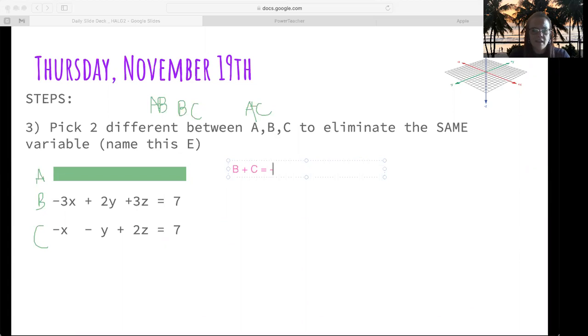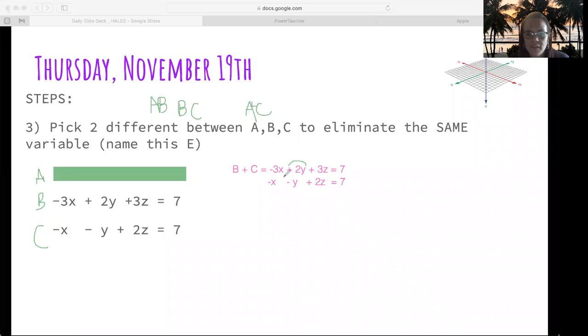So I'll rewrite that. Negative 3x plus 2y plus 3z equals 7. And then negative x minus y plus 2z equals 7. So remember, our goal is we have to eliminate the same variable.